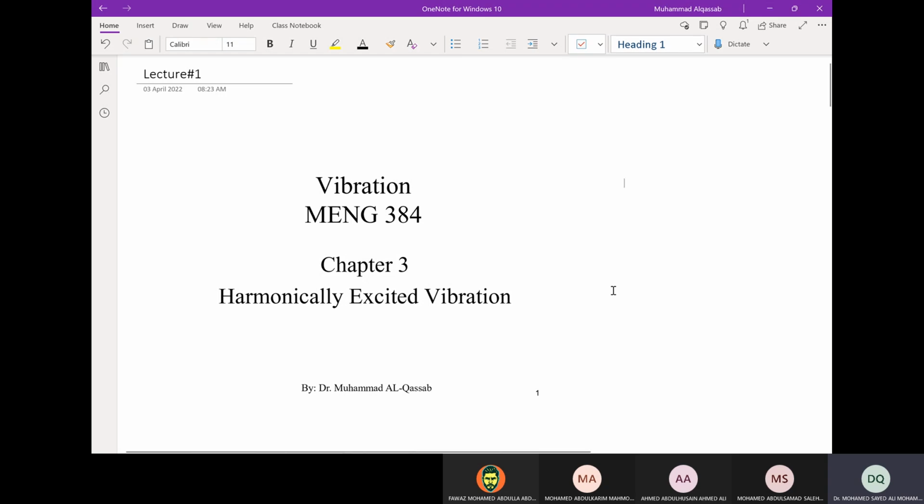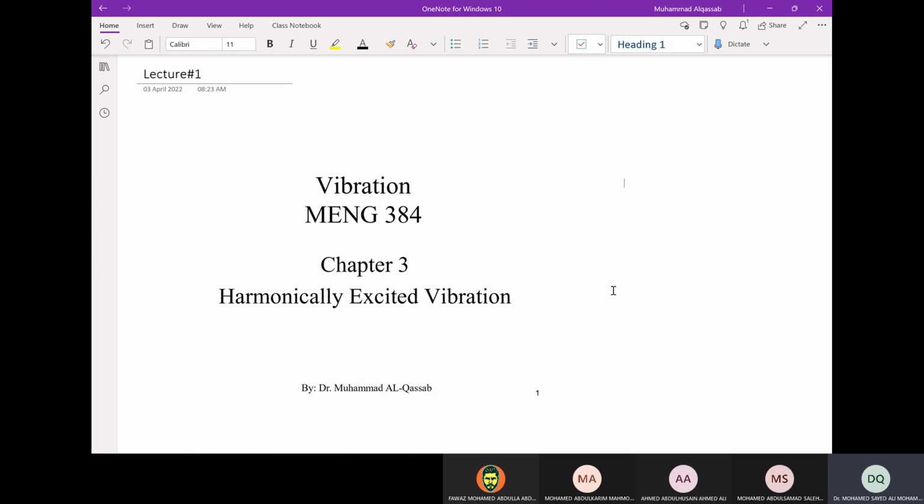Now in forced vibration, there are different types of forcing. As I told you in chapter 1, the system is called under forced vibration if there is excitation. A dead weight is not a force that will cause excitation.